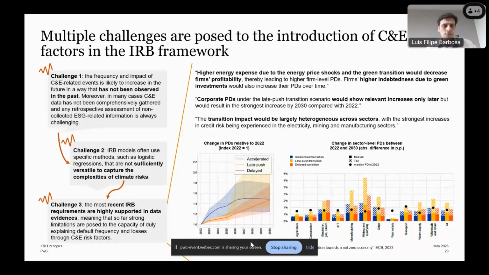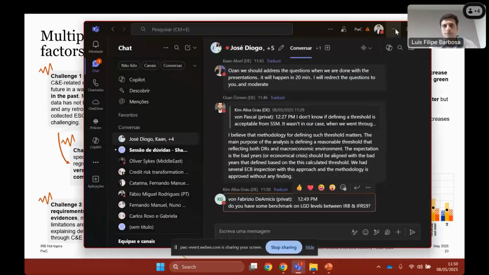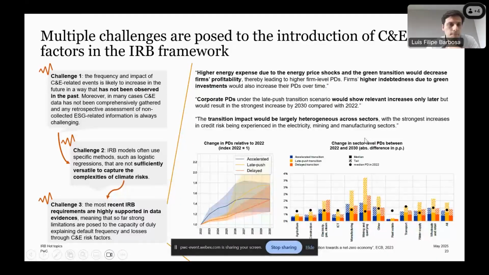We know that when we look at the IRB framework, there are three main challenges that need to be considered. Many of the events that are related with climate and environmental risk have not been observed in the past. It is a situation that has been facing a continuous increase of frequency and also severity of many of the events.